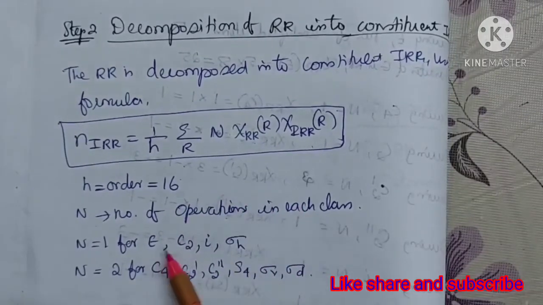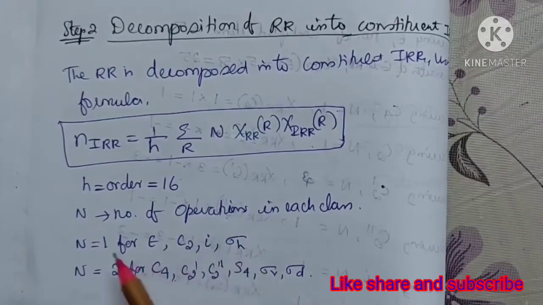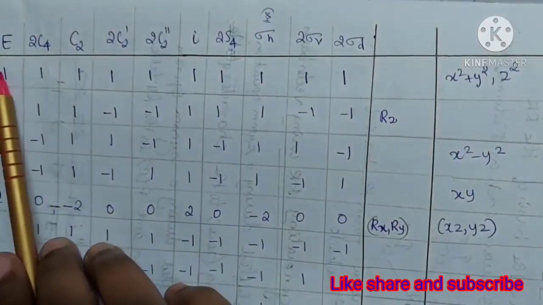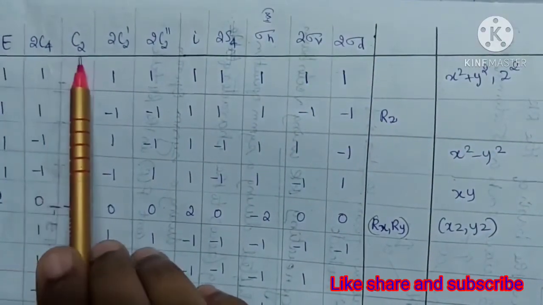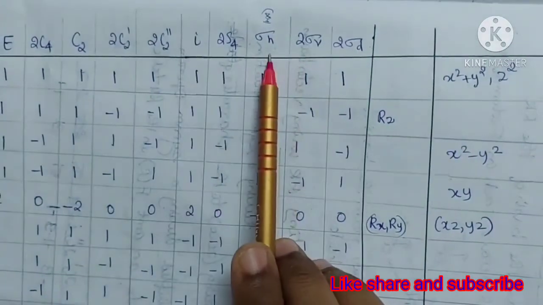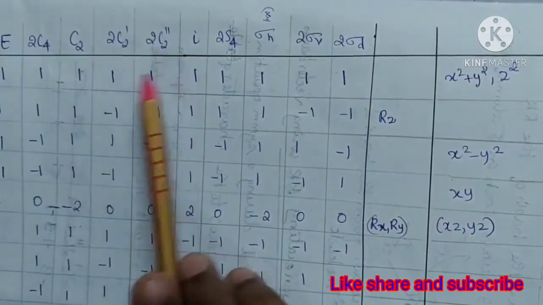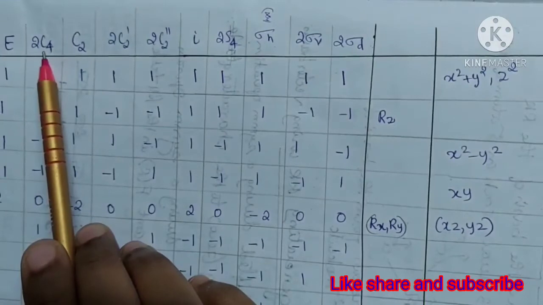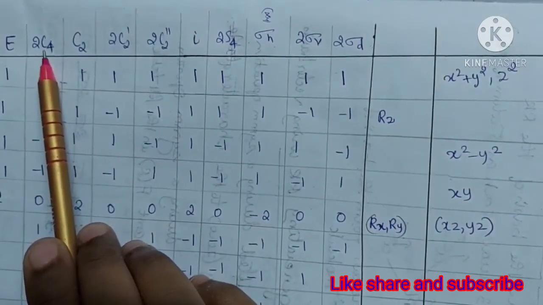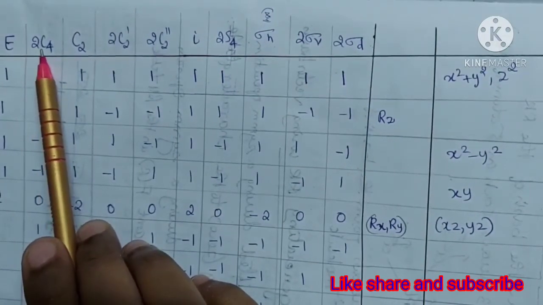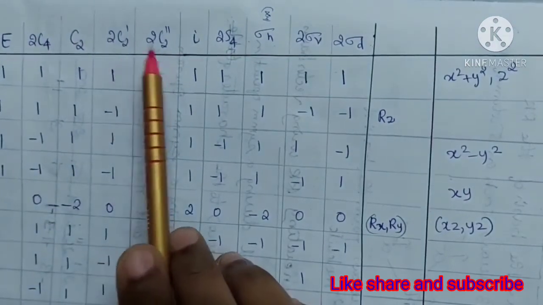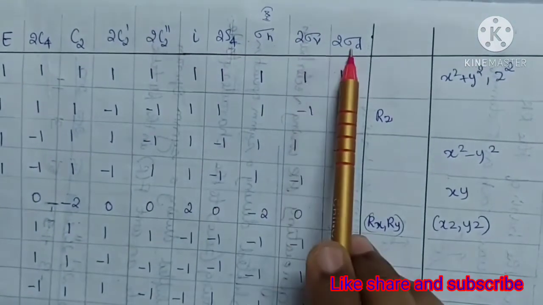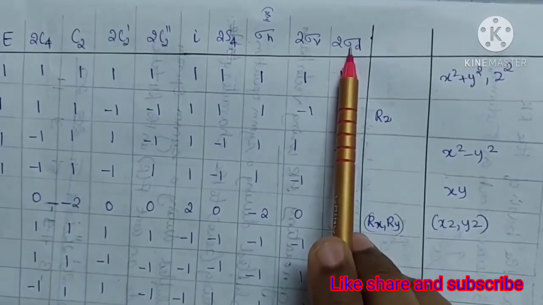So for E, C2 and sigma h, we have only 1 operation in these classes, so n will be 1. In this case we have 2 C4 under the class C4, so n equals 2 for C4, n equals 2 for C2 dash, here also 2, here also 2, and for sigma V and sigma D we also have n value 2.